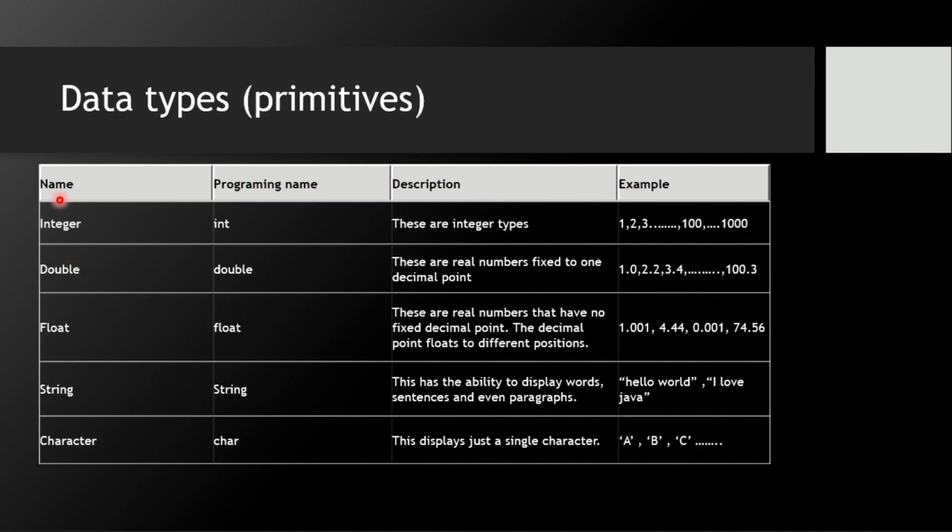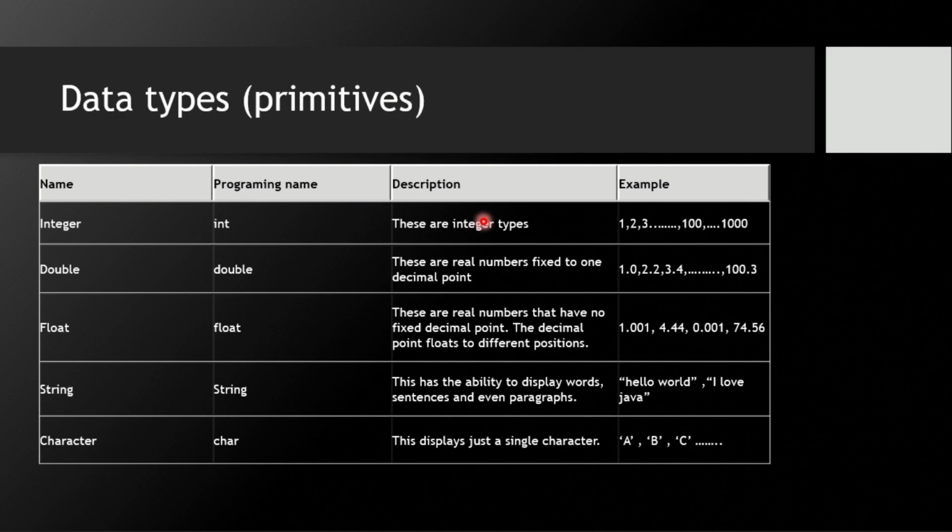So integers: in the real world, we know what integers are: 1, 2, 3, 4, 5, 6, 7, all the way up to 100, right? Or even all the way up to infinity, depending on how far you can count. The programming name for an integer is int, and these are integer data types. Notice that an integer in the real world cannot be 1.5, because 1.5 is basically a fraction rewritten in a different format.